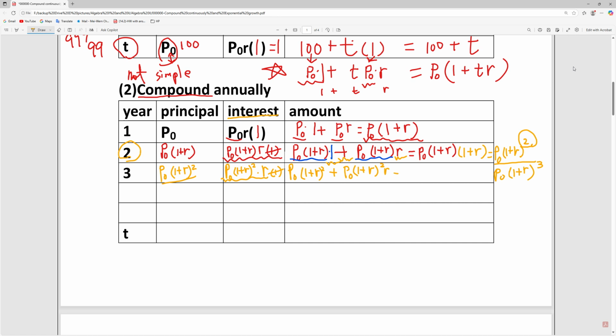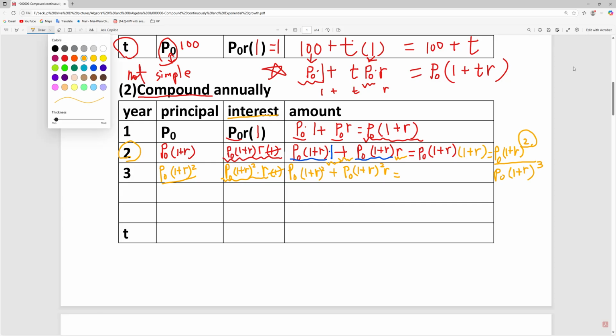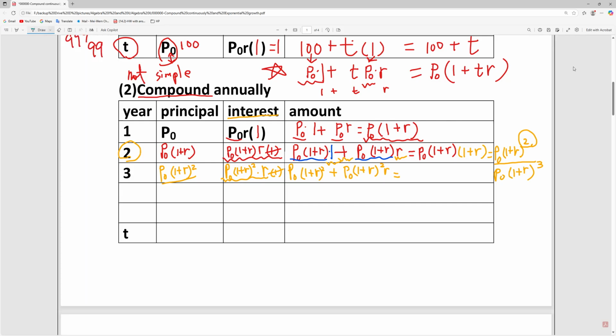So same algebra calculating. We try to pull out the common factor. Common factor is P0 (1 plus R) squared. Okay, so we pull out the common factor. And this means times 1, right?